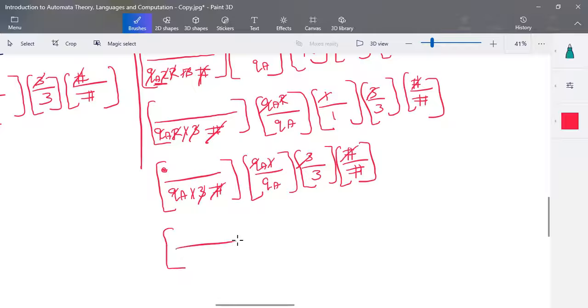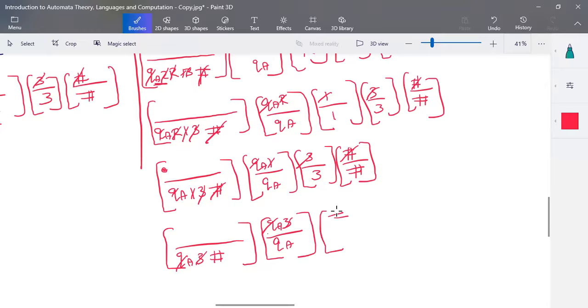All your numerators are cancelled. Now in the denominator, I have QA3#. Okay. In your step 5, take the domino with QA3. You can verify here, it is QA. So this QA matches, this 3 and this 3 match. And finally, you have the hash domino to be matched.